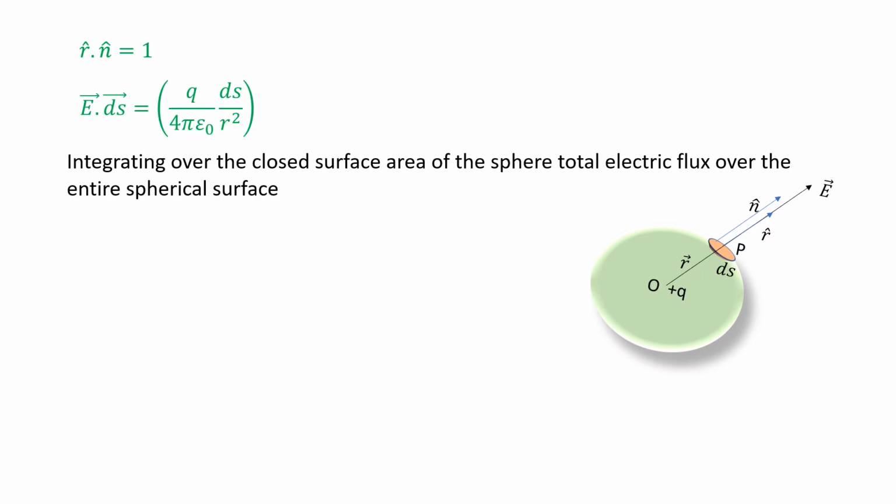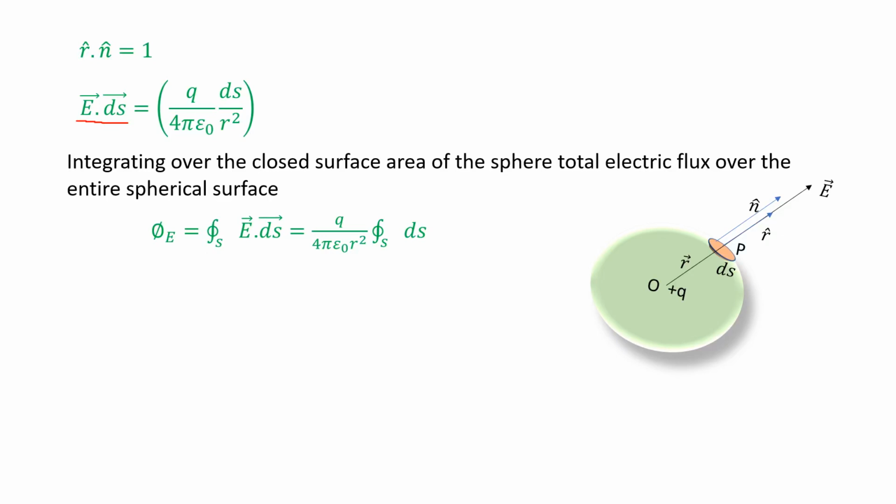Now this is the electric flux through the small area element ds. We have to find the total electric flux over the closed surface S. So we will integrate it. Integrating both sides, we get phi equal to surface integral of E dot ds equal to q upon 4 pi epsilon naught r square, surface integral of ds.